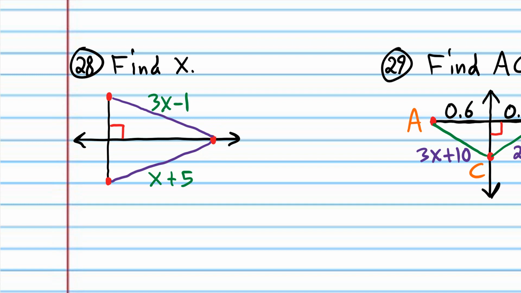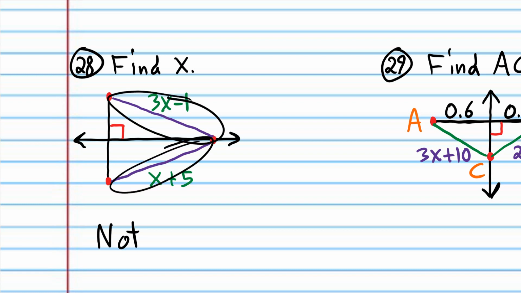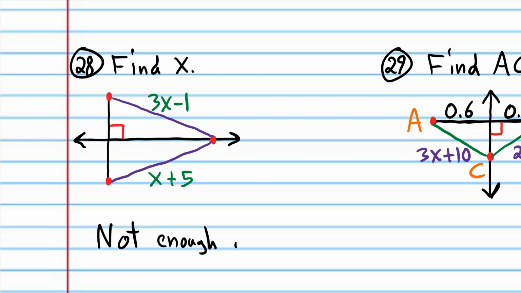We know it's on a perpendicular line, but we don't know that it's a perpendicular bisector. So there's not enough information. We can't tell that this point is equidistant from the endpoints. So if you got tricked by that, that's okay.